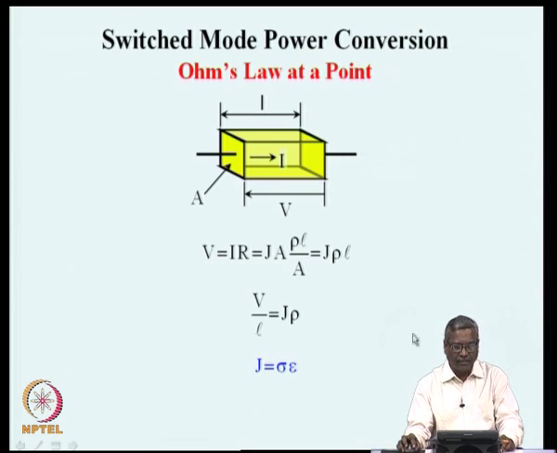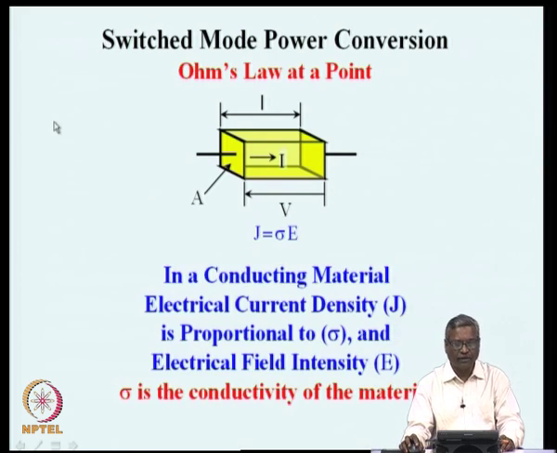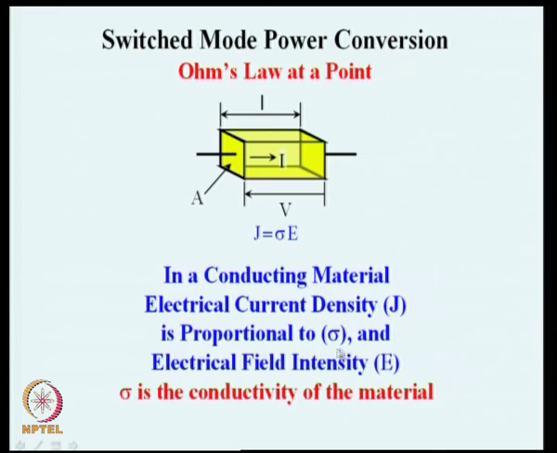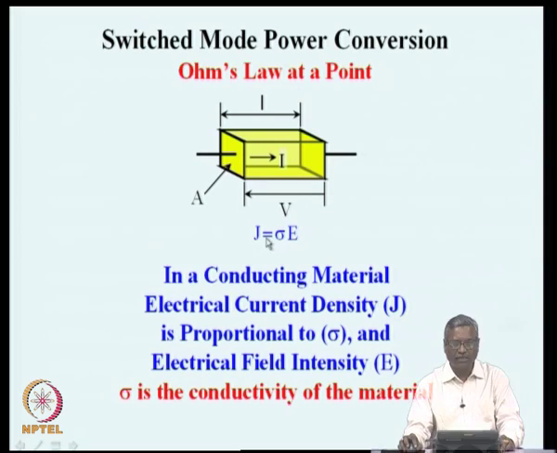Now, we can extend a similar kind of relationship for many of the other electrical circuit quantities. For example, what we had just now seen is Ohm's law at a point, which can be stated as: in a conducting material, electrical current density J is proportional to the conductivity sigma and the electrical field intensity E. Sigma is the conductivity of the material and J is sigma times the electrical field intensity.